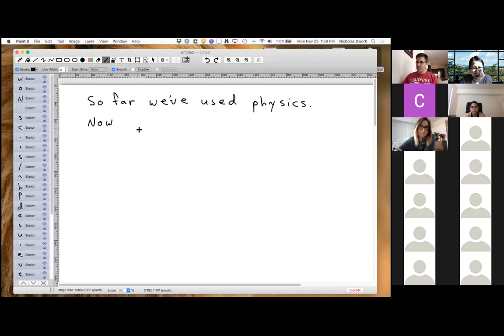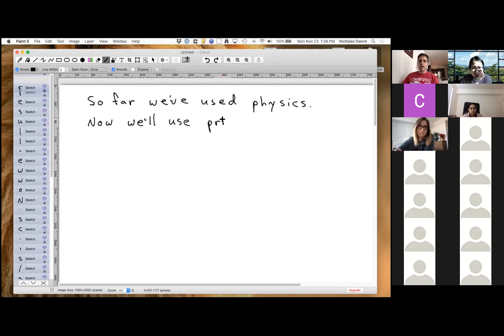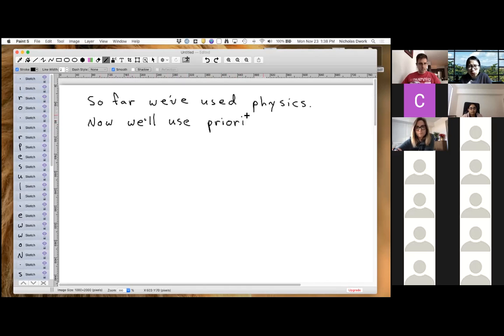Any idea what sort of information that'll be? What do we already know about our picture? Any ideas?